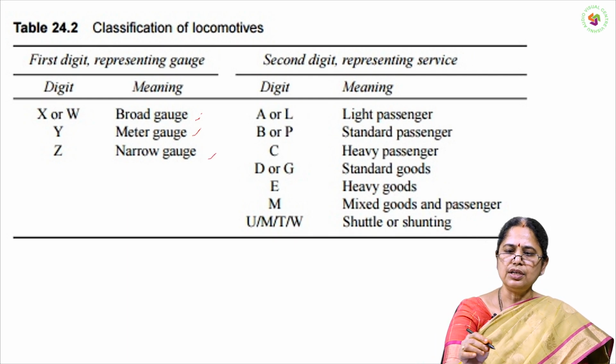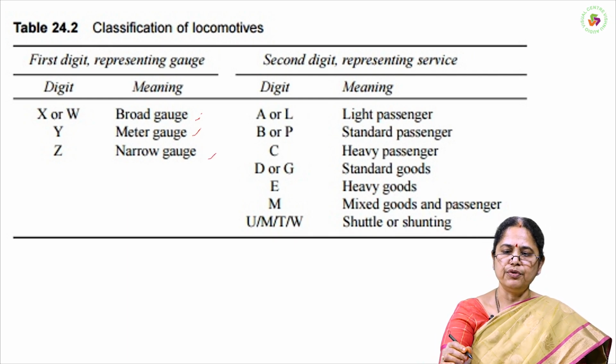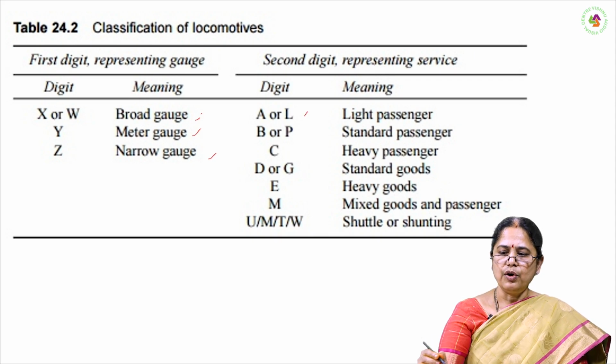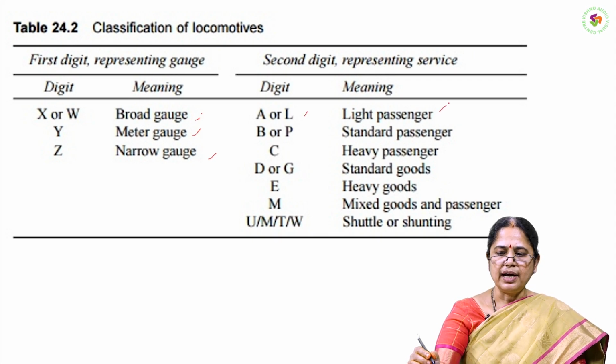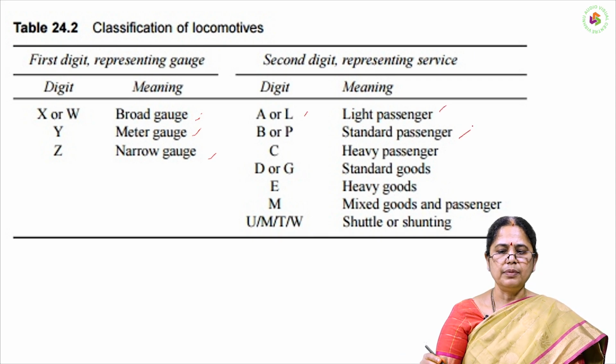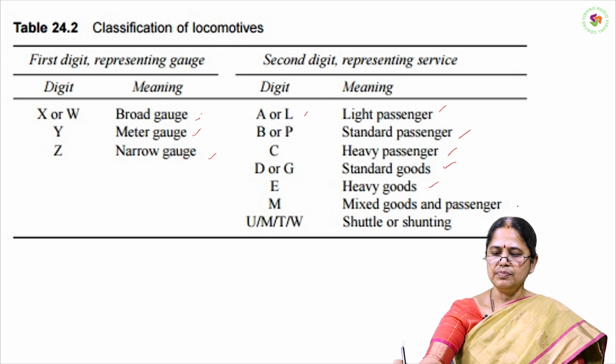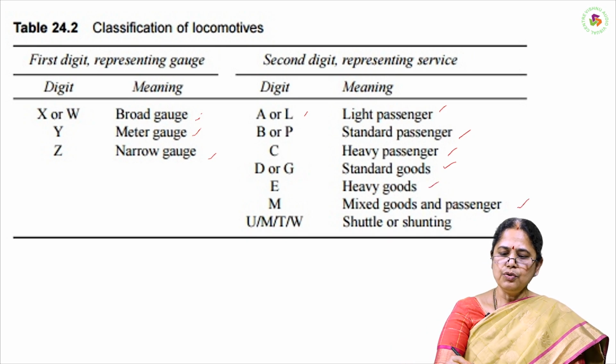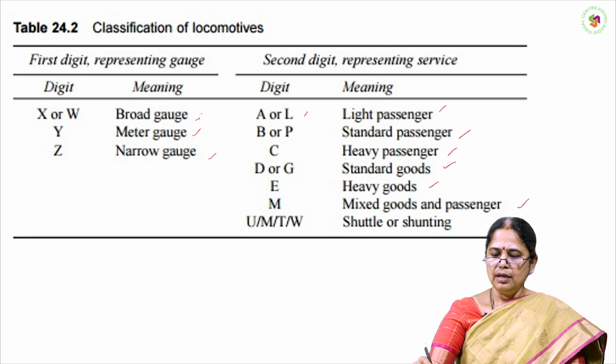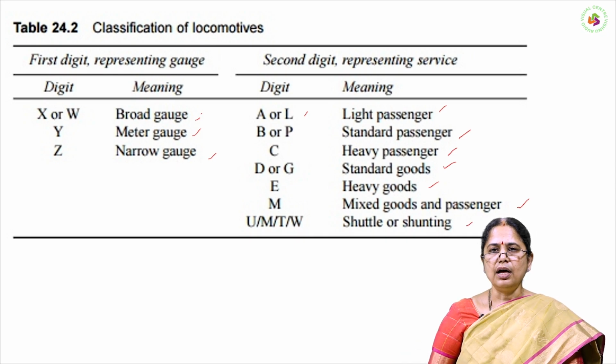The second letter in the name of the locomotive is A or L, which indicates light passengers; B or P, standard passengers; C, heavy passengers; D or G, standard goods; E, heavy goods; M, mixed goods and passengers; U, N, T, W, shuttle or shunting.